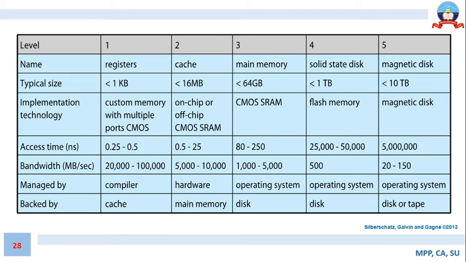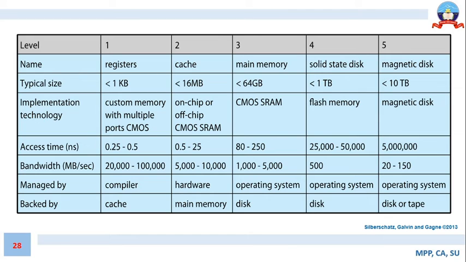The typical size of cache is less than 16 megabytes. The typical size of main memory is less than 64 gigabytes. The typical size of a solid state disk is less than 1 terabyte, and the typical size of a magnetic disk is less than 10 terabytes. So this is in terms of size.